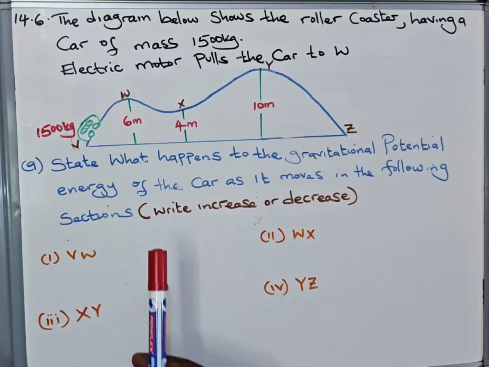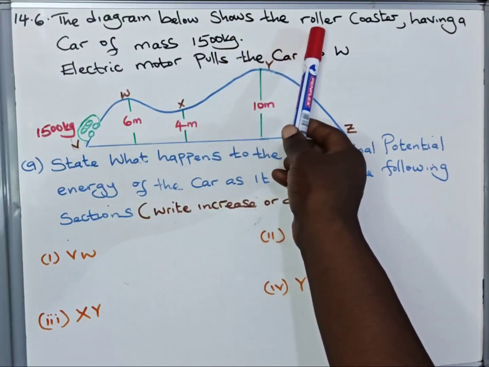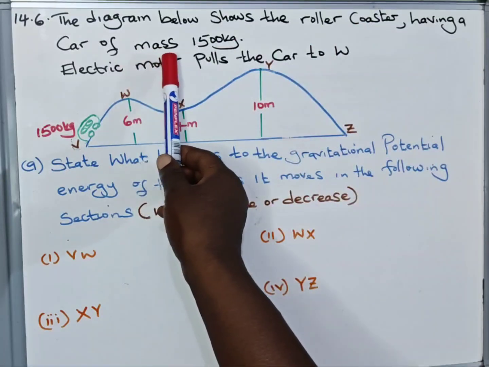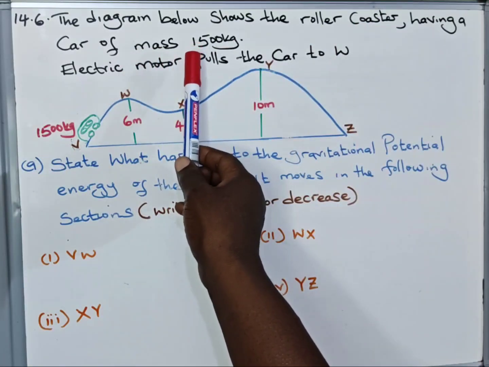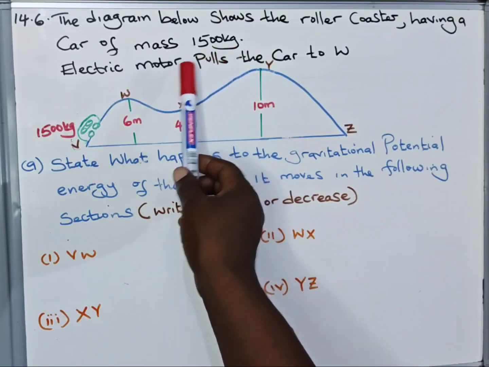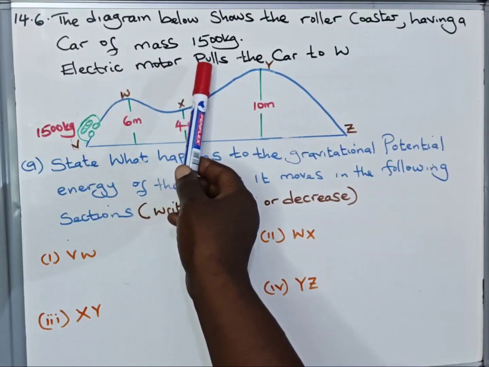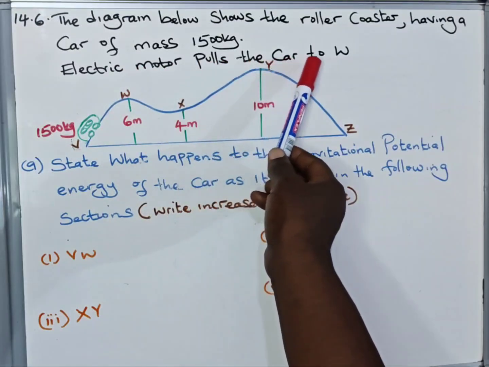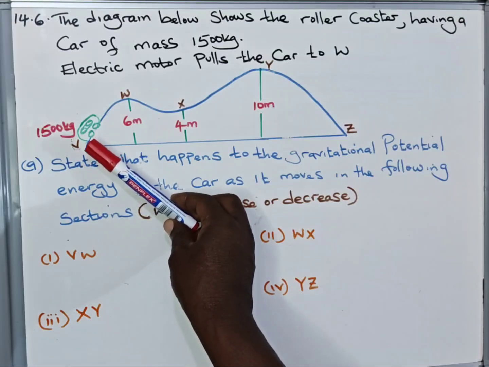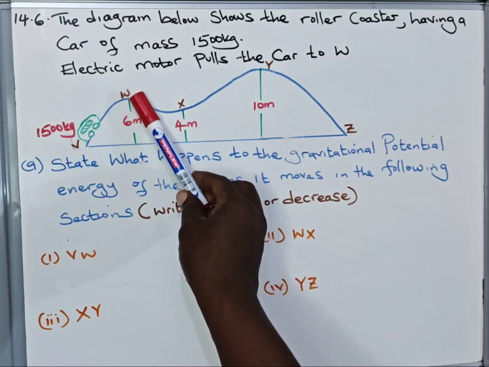The diagram below shows the roller coaster having a car of mass 1,500 kilograms. An electric motor pulls the car to W. This is the car, and the electric motor pulls it to W at the top here.